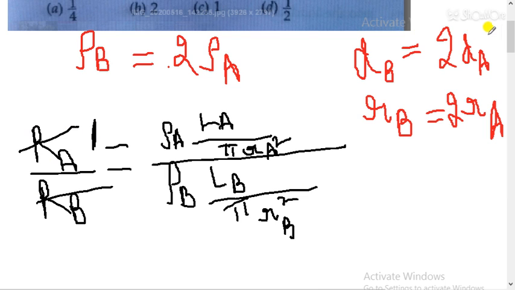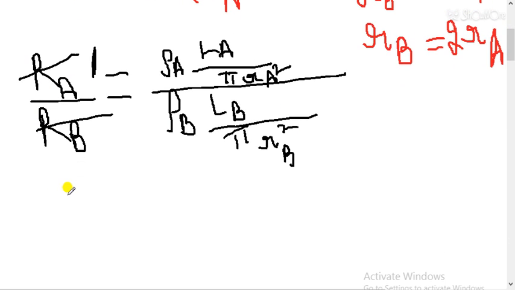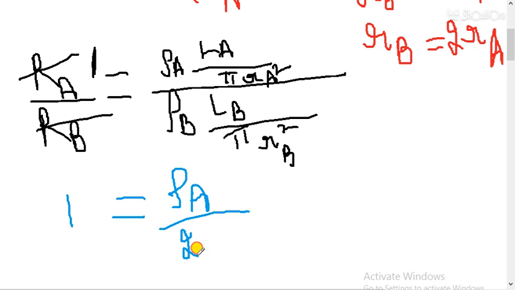Now I am solving it with another color. On the left hand side I get 1 is equal to rho A. Now rho B is equal to 2 times rho A, so I write here 2 times rho A, and LA as well as LB.